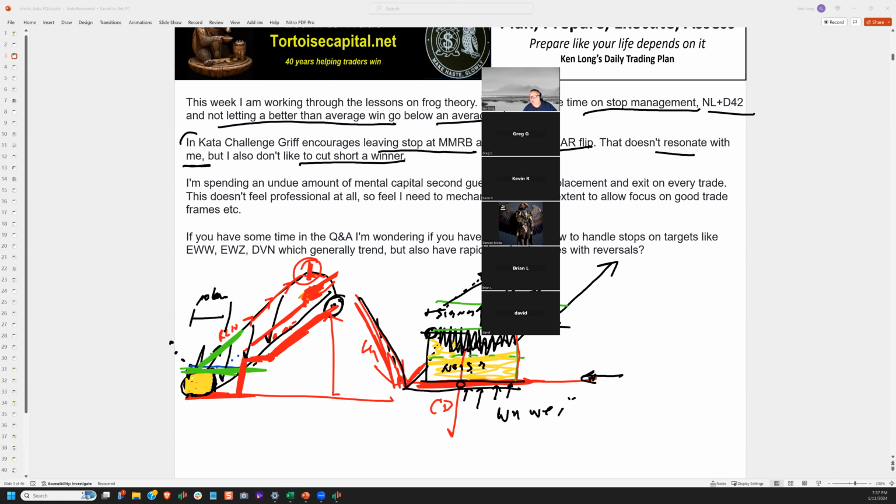Then if that thing keeps going up, once it gets a full wrist box, I could just trail it with a wrist box or I could trail it with the PSAR and I can live with that. So the first kind of box that you get is this one where you got a delay and then it takes off. It kind of grudgingly just goes.